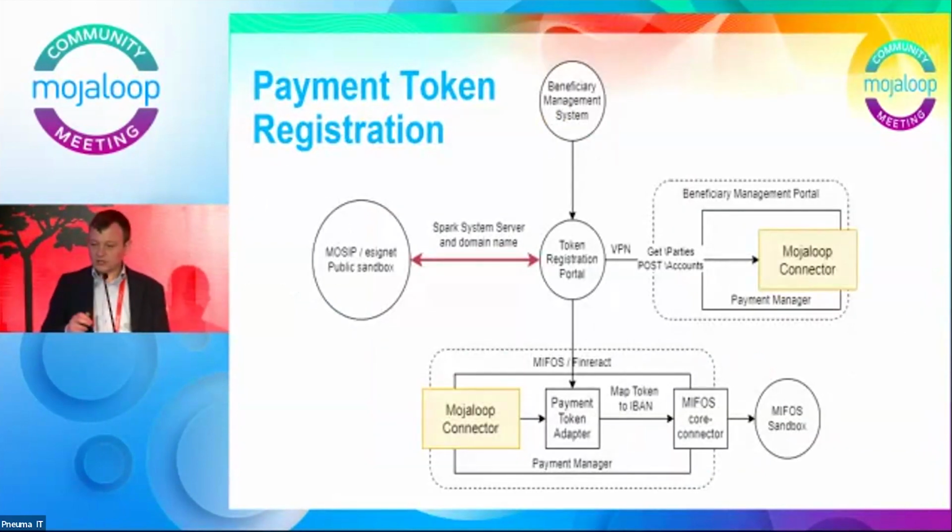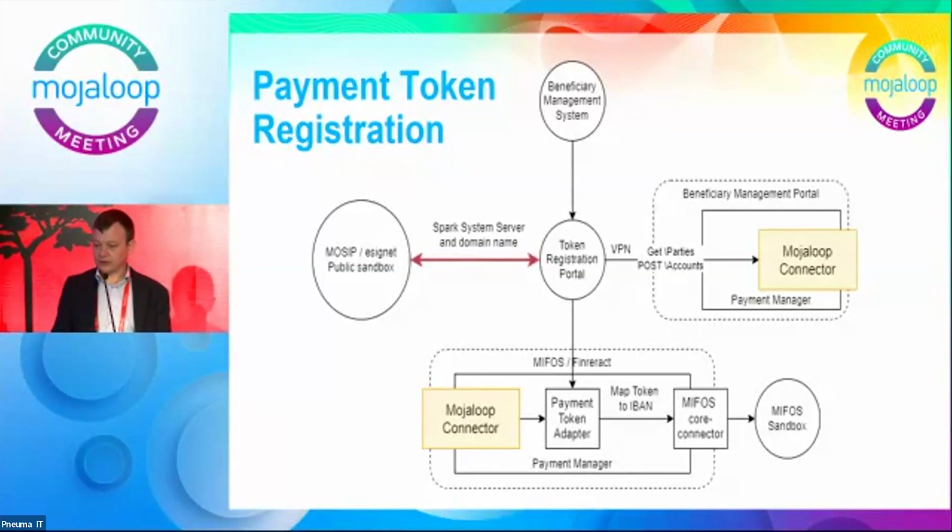So there's two parts to this. There's the token registration. This is a more detailed architectural diagram of the components. So beneficiary management, the part that Spark Systems built, is talking to MOSIP to allow them to log in.